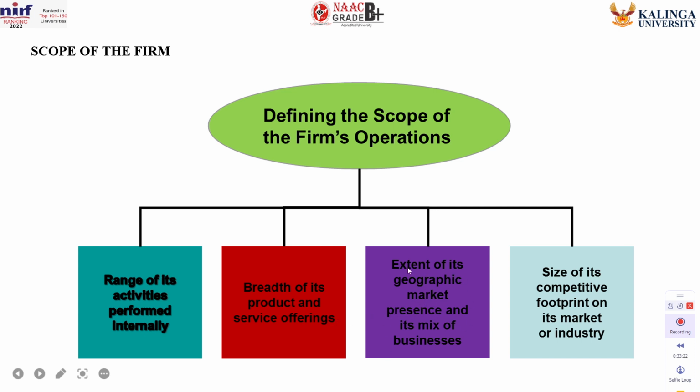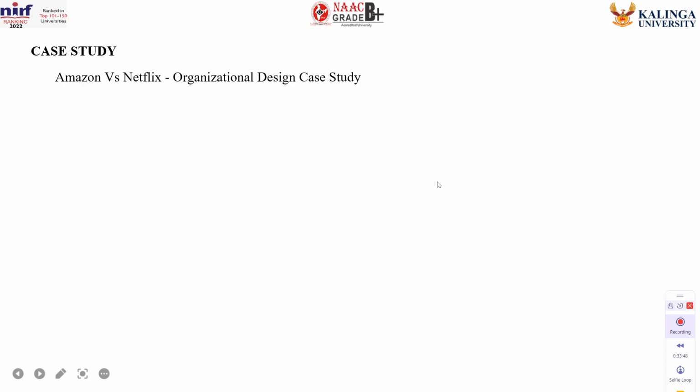Then the extent of its geographic market presence, and its mix of business. What business constitutes what percentage? And also the size of its competitive footprint in its market or industry. What is the position of the company in the market or industry? So these four things define the scope of the firm's operation.